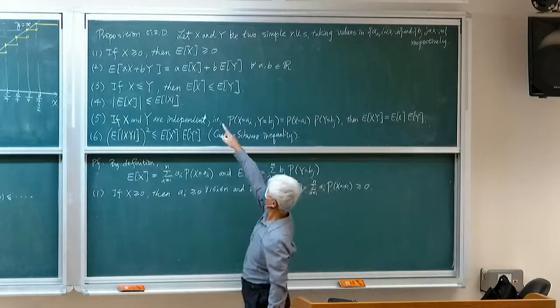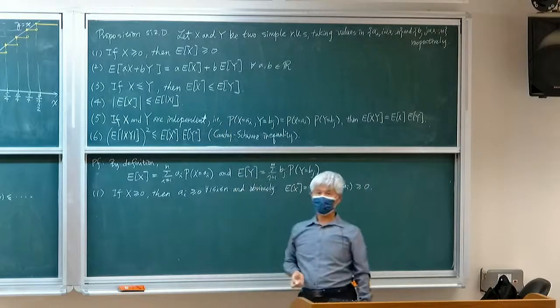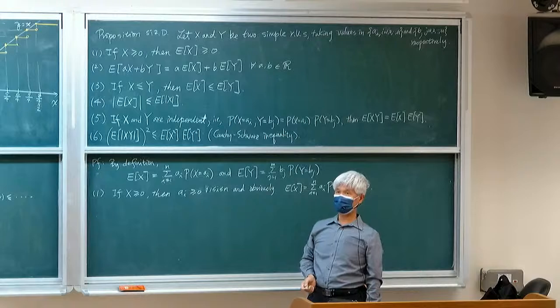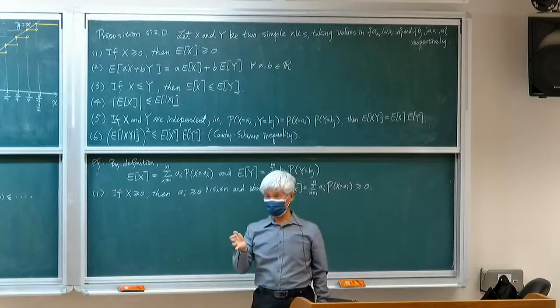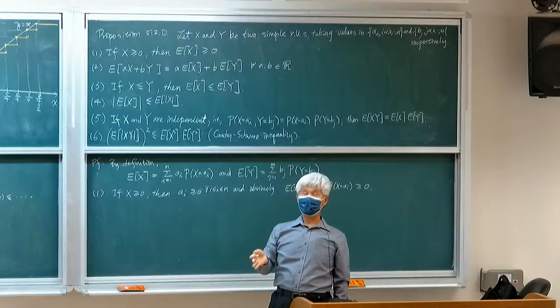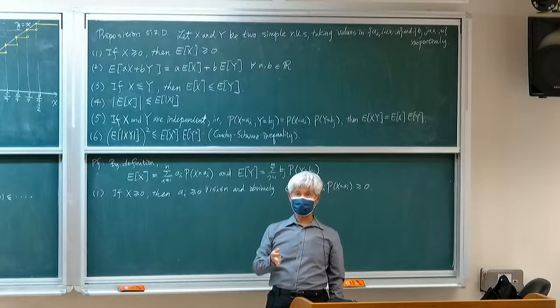So the first property is very simple: if X is a non-negative simple random variable, then its expectation must be non-negative.